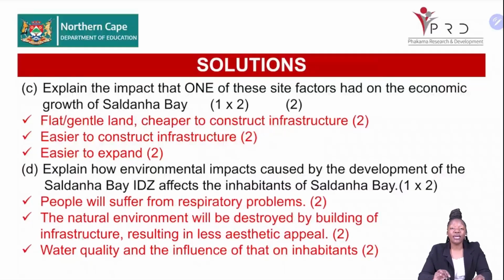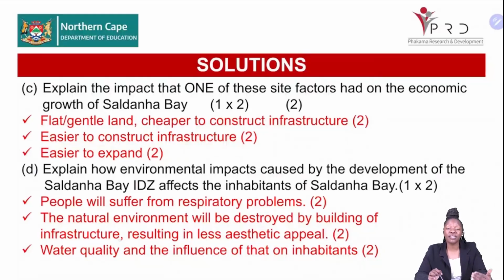The natural environment will be destroyed because of the building of infrastructure. When we are talking about the natural environment, we're talking about the trees that will be cut down, as well as the vegetation that will also be removed in order for the settlement or the infrastructure to be built. And it will result in less aesthetic appeal.